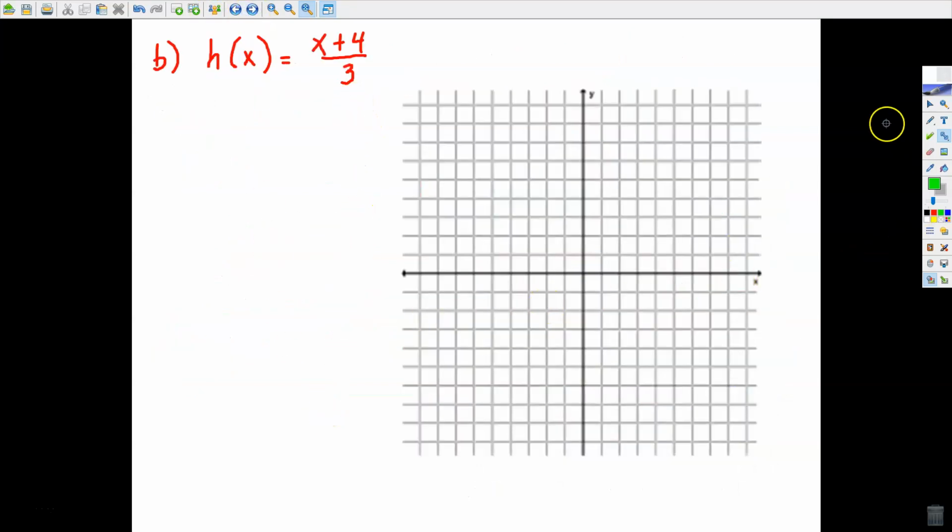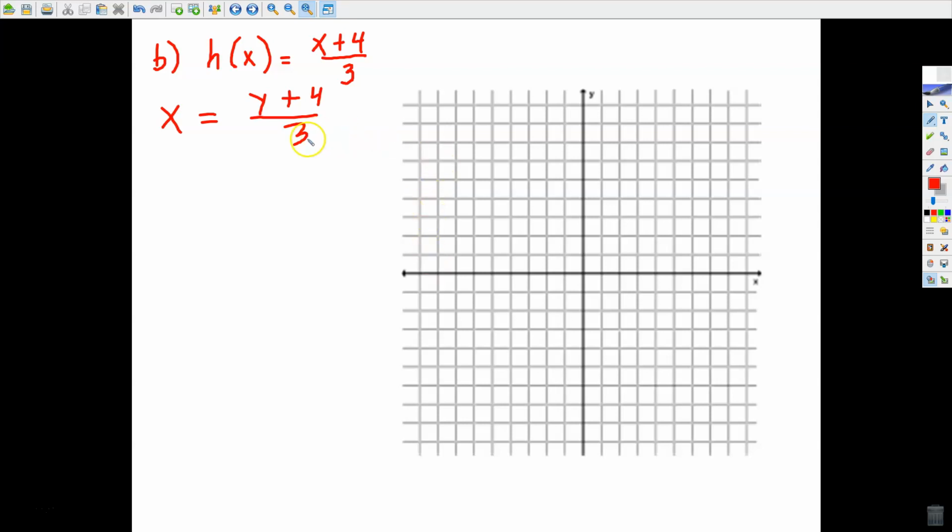All right, let's try this one. The directions are the same. We're supposed to find the inverse function. So to do that, I switch places with x and y variables. I turn this into x equals y plus 4 over 3. So that's step 1. And now step 2 is to solve for y.